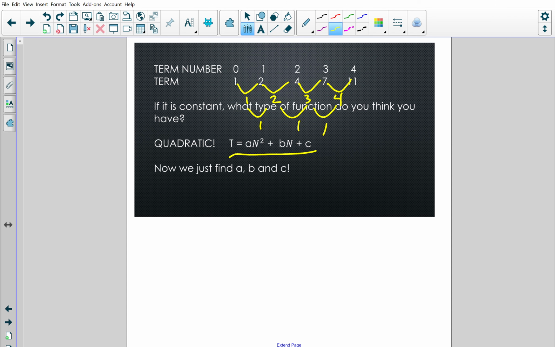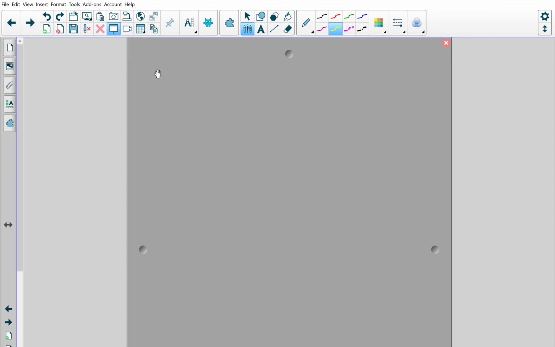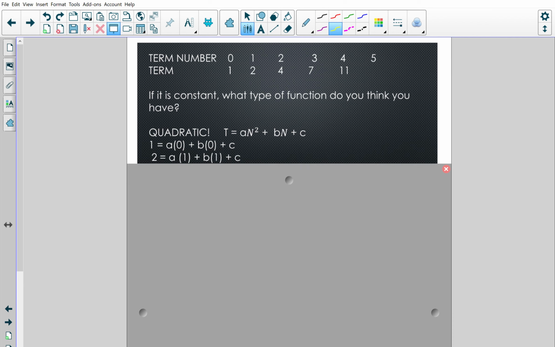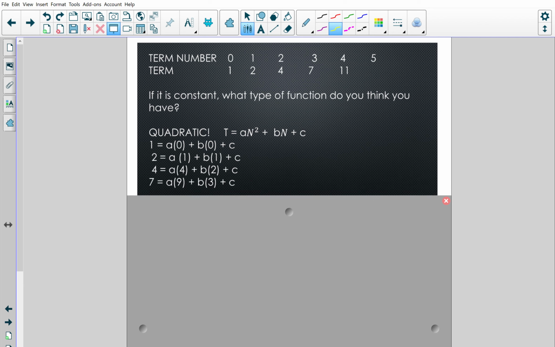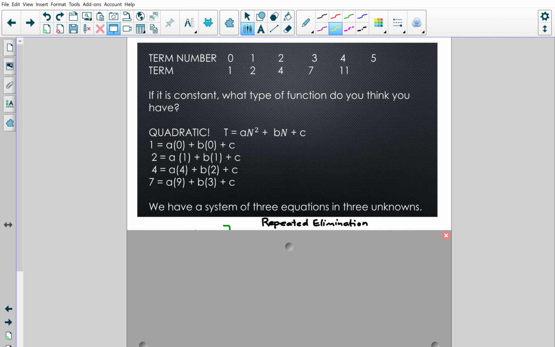So then you take the quadratic and you put in some points that you know, right? I'll cover that noisy stuff up down there for a minute. Okay, so you put in 0, 1, 1, 2, and 2, 4. You get 3 equations. Oh, I guess I have a third one there. I don't know why. All right.